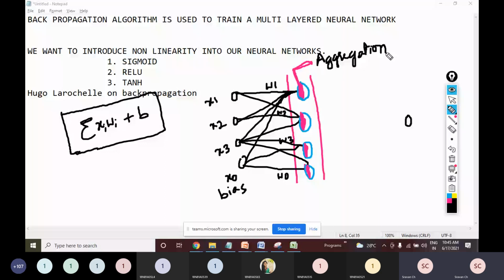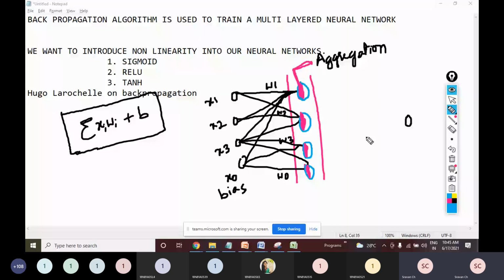So friends, what is happening here is this hidden layer is going to generate a normal linear output. Now this linear output will be given to the next part of it. See here, this part, let me color this blue one.